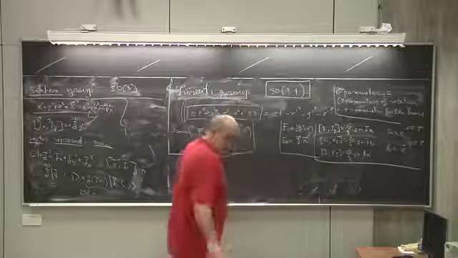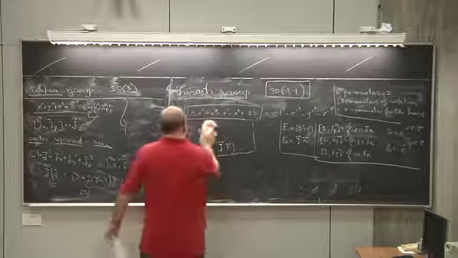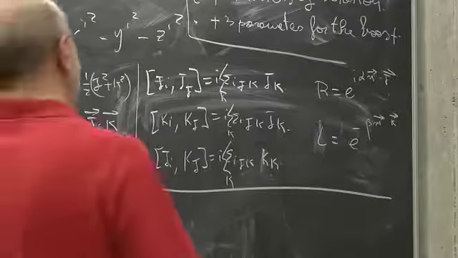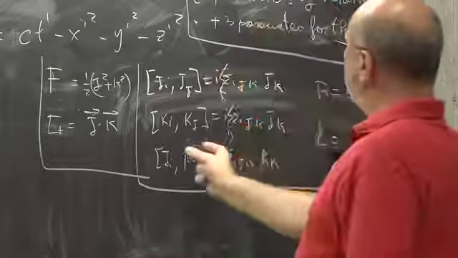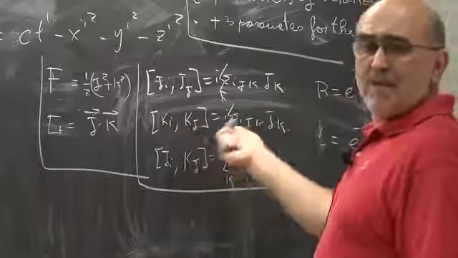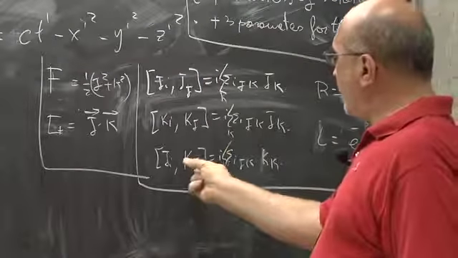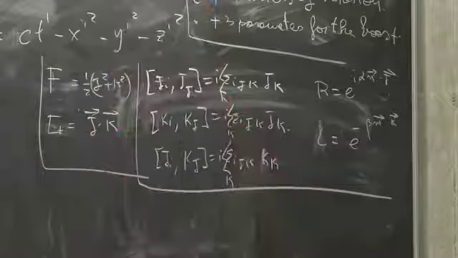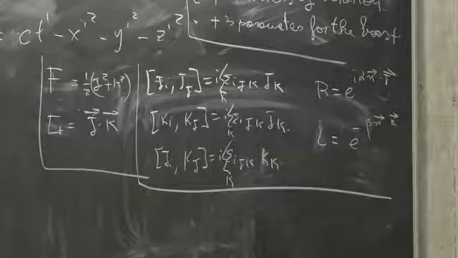Okay. How do we build the representation? This algebra, well, this is okay, it's the rotation, but this one starts mixing the boost with the rotation. This one, the boost and the rotation with the boost. So it is not an algebra that we are familiar with. So we build the following object.